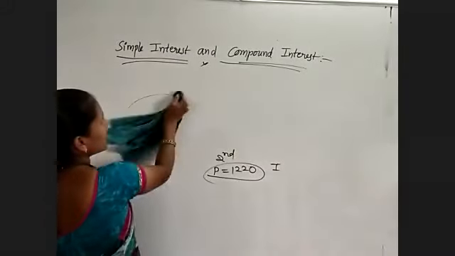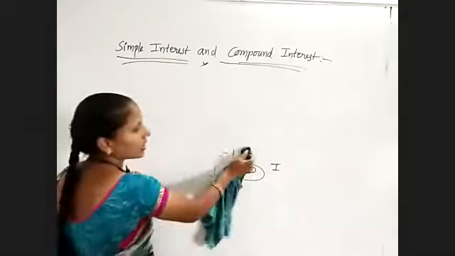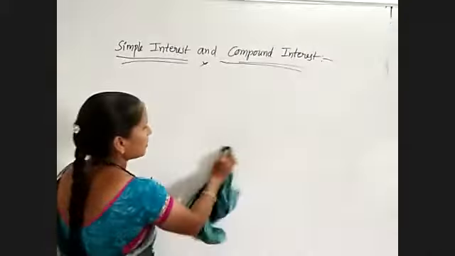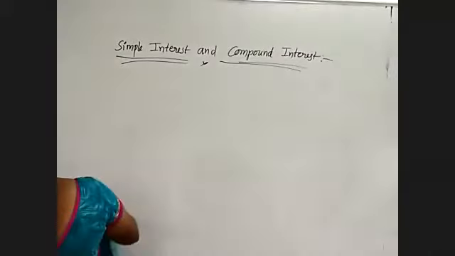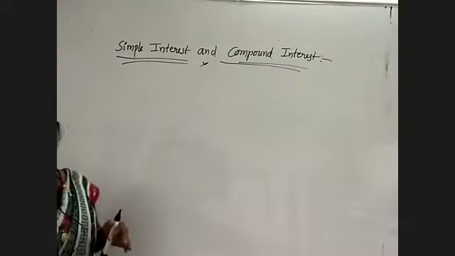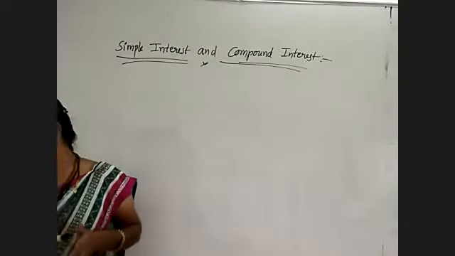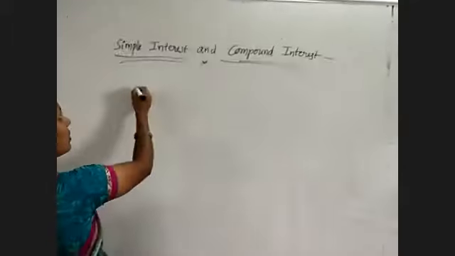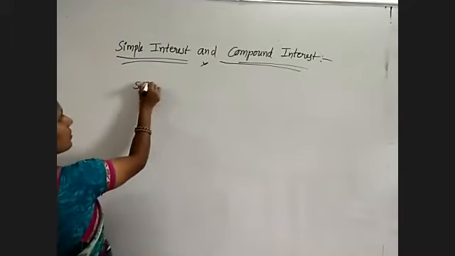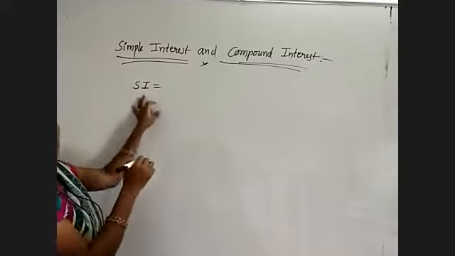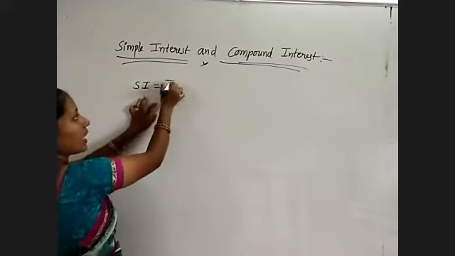To calculate simple interest and compound interest, we have some formulas. Let us take the example first, after that we will see. First of all, observe: simple interest formulas are given by, simple interest, or simply interest, we can write.